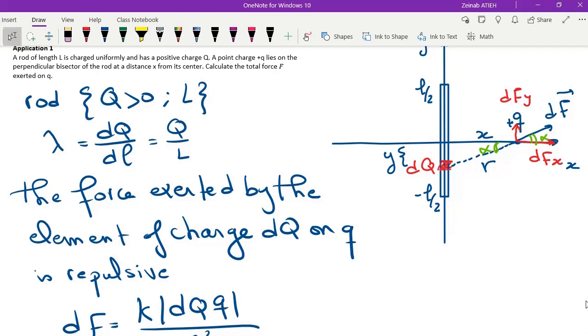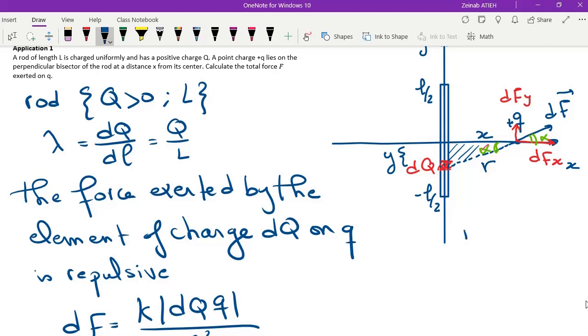I will start first with dfx. Okay, I go back to work on dfy. Regarding the alpha I defined in green, why did I define this angle? Because I can make benefit of the triangle that you can see. I will mark it in blue. This is the triangle that I can make benefit of. So from this triangle I can get r, I can get cosine alpha and I can get sin alpha. I will write them here beside the triangle.